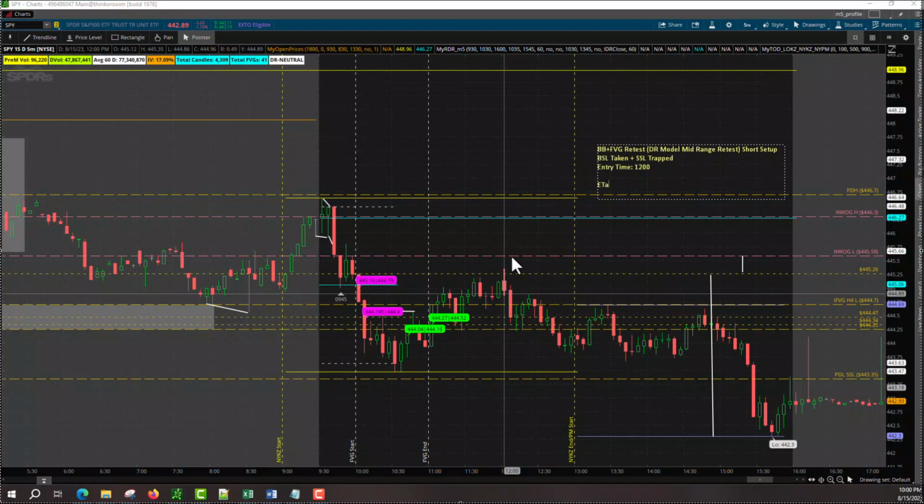Our target is going to be buy side, sell side liquidity, right? Buy side, sell side liquidity on, I think, the 8-hour time frame.